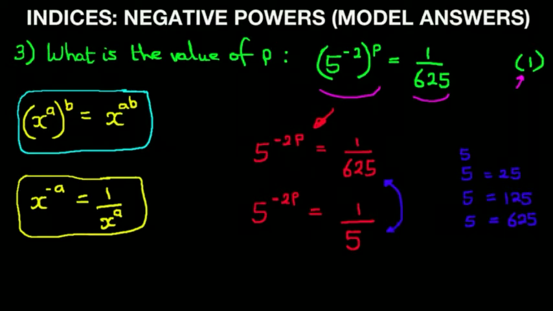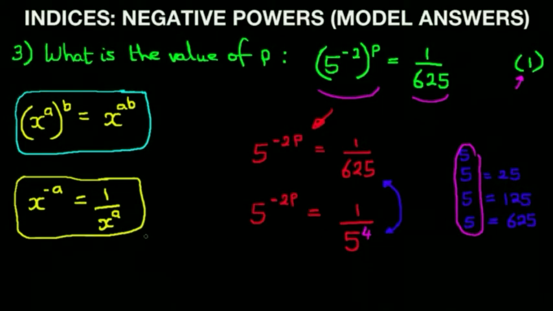So therefore we need 4 of them. So we can write this down here. So now we know that 5 to the power of minus 2p equals 1 over 5 to the power of 4.